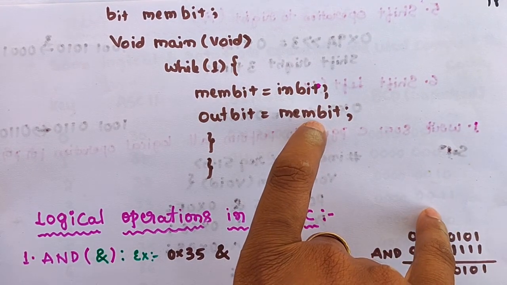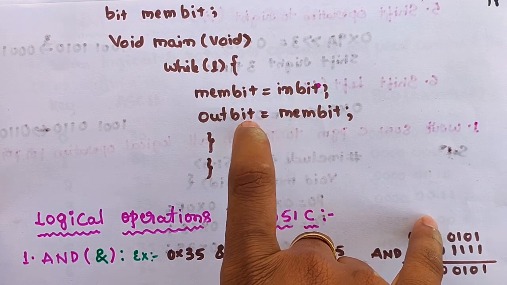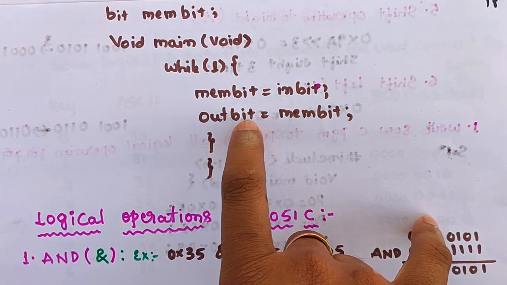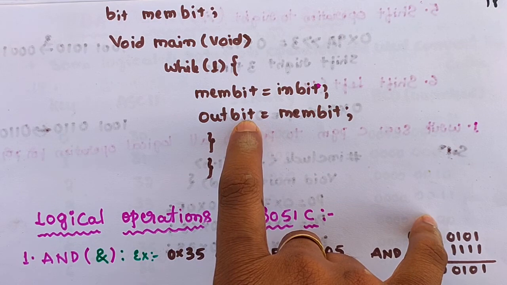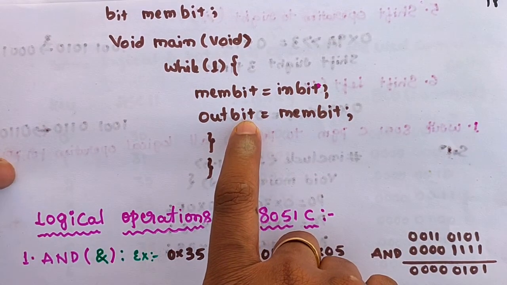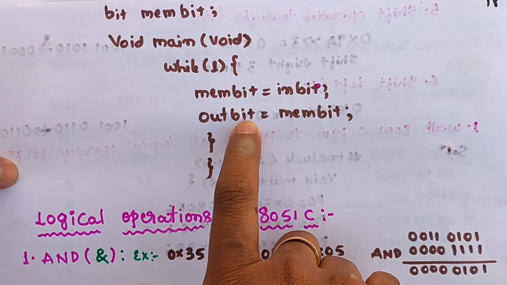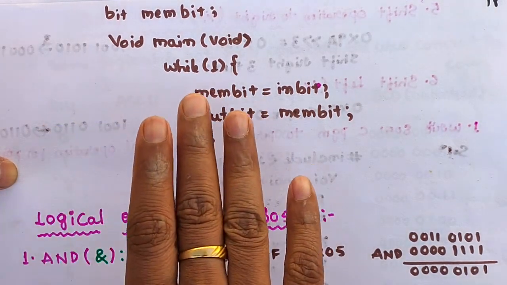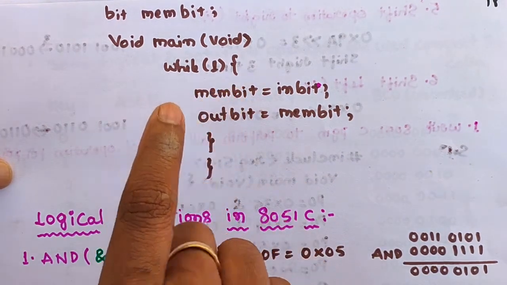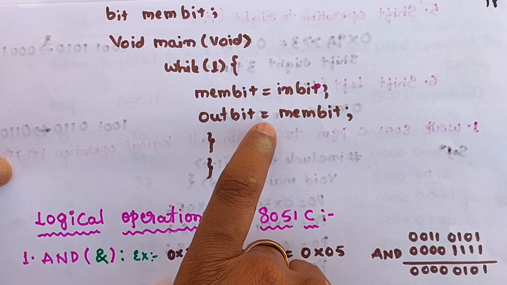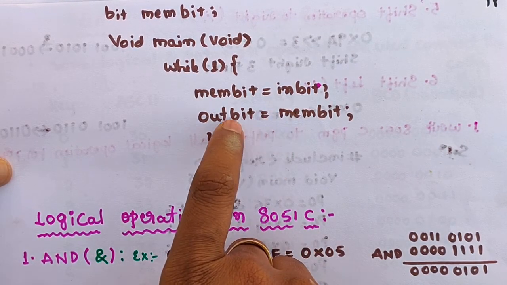That memory bit content will be transferred to the port P2.7. So out bit is nothing but P2.7, and the memory content will transfer to the out bit. It means, simply, in this program we are going to transfer the port content of P1.0 to P2.7.